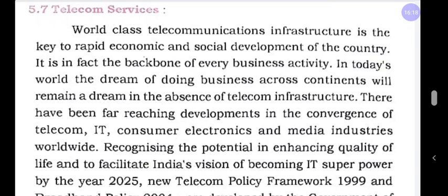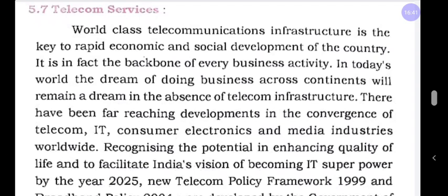This telecommunication infrastructure is developing more and more, and they are giving good quality to individuals or their customers. And also here Bangalore or Bengaluru has the 12th place in the world in telecommunication technology.